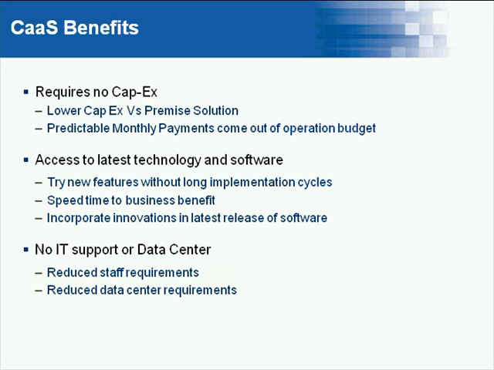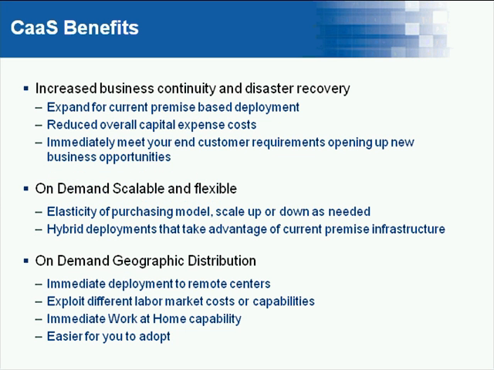So my speed to business benefit is immediate when I've got a new capability that I need to incorporate into my operations. I've got no support or data center requirements, which is great. It reduces my overall staff requirements, reduces my data center requirements, and allows me to expand without those needed expenses.